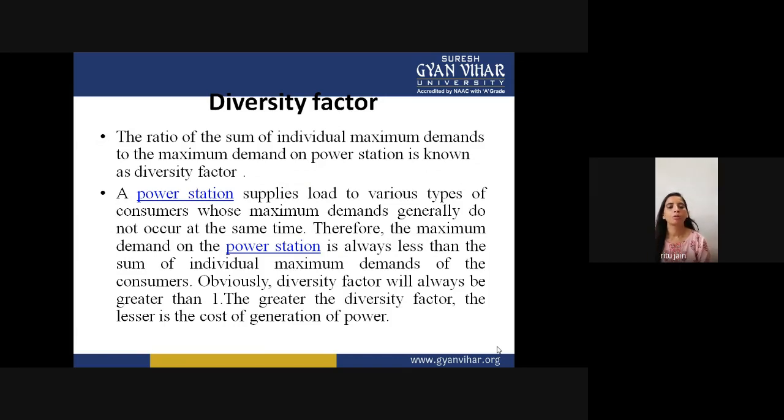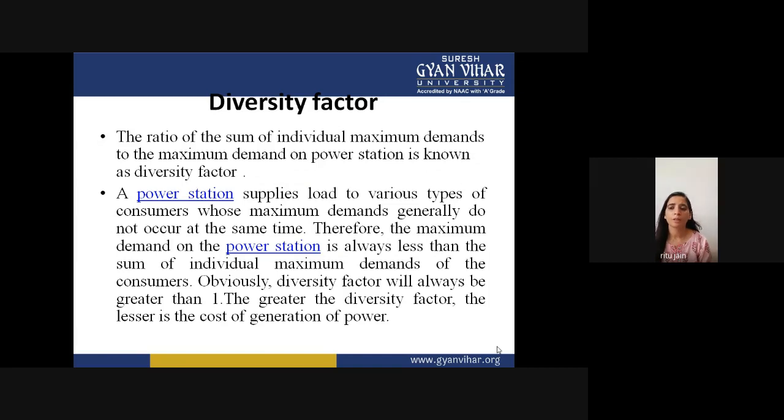So load factor is always less than 1 and diversity factor is always greater than 1, because it is the ratio of the sum of individual maximum demands divided by the maximum demand of the power plant.